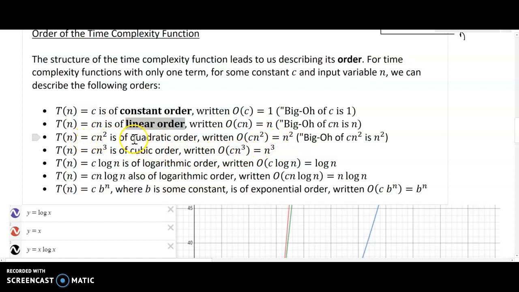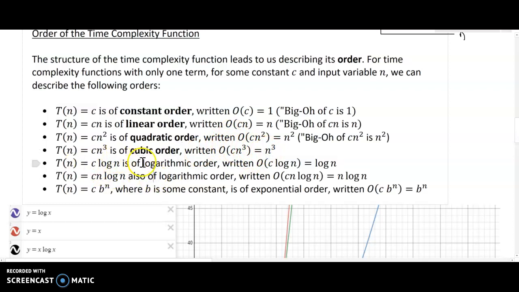C times n squared is quadratic order, and we write that as big O of cn squared is n squared. Again, we just remove the constants because we just want to know, is it quadratic or not. If it's c times n cubed, it's cubic order, and again, big O of cn cubed is n cubed.